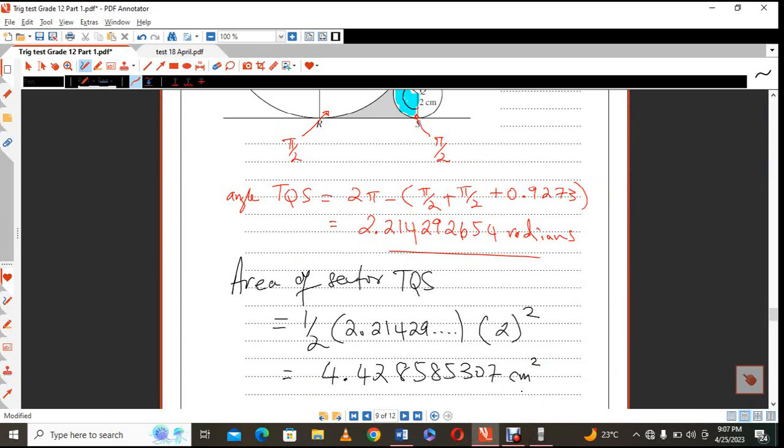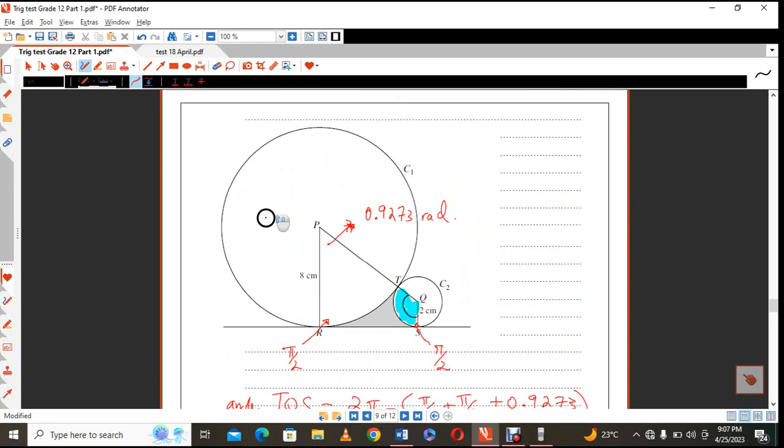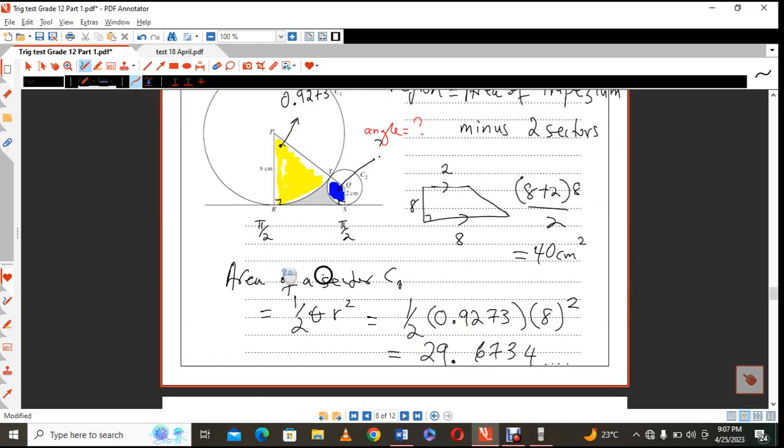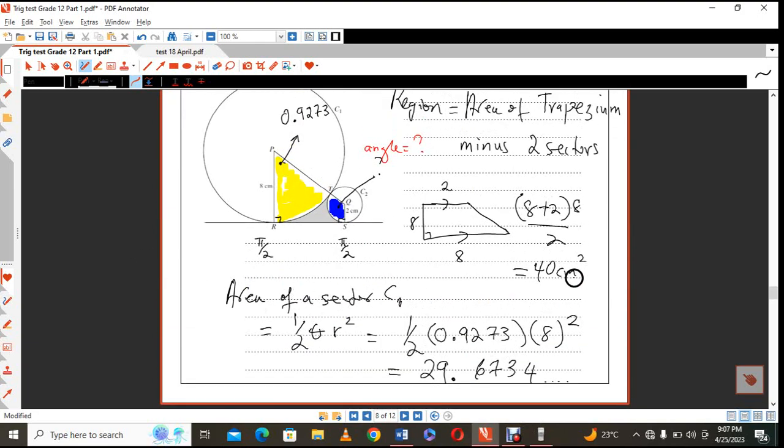So what do I have now? Now I have the area of both sectors. I know the area of the trapezium is 40.